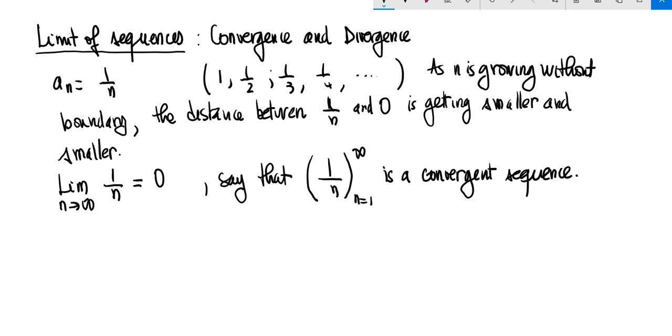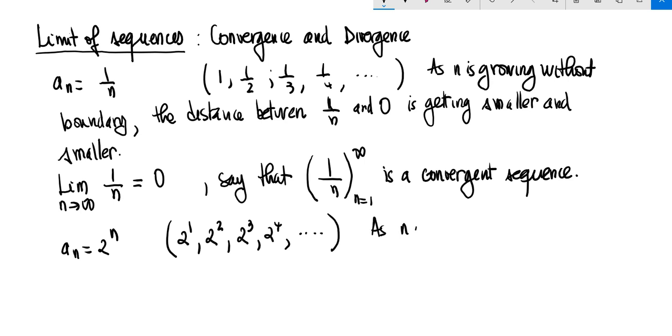Now, let's consider another sequence an, which is equal to 2 power n. We have 2 squared, 2 cubed, 2 power 4, and so on.